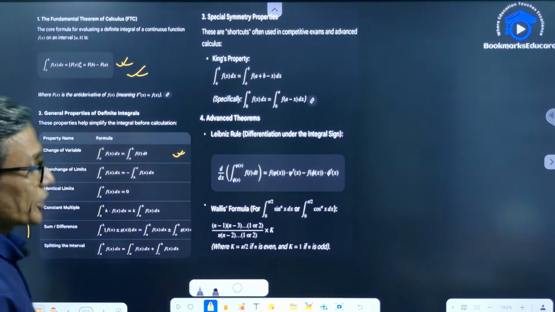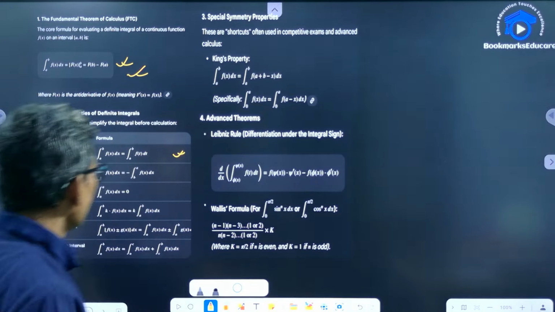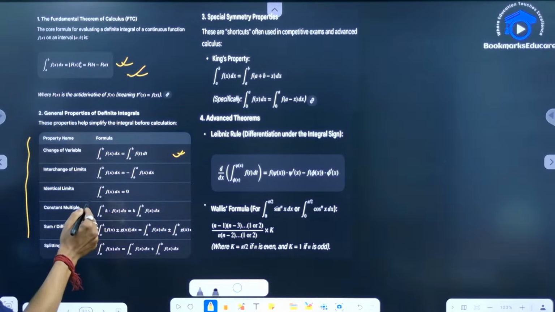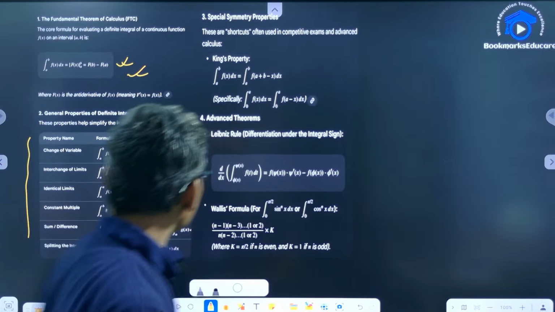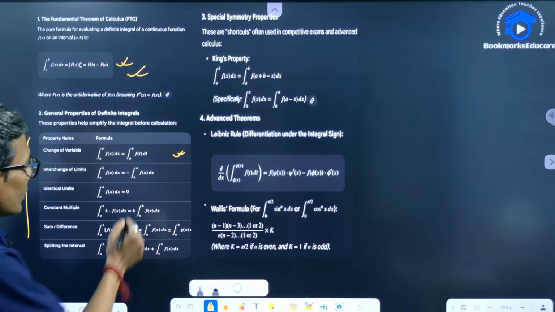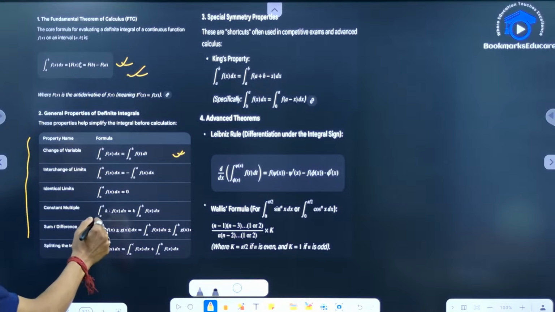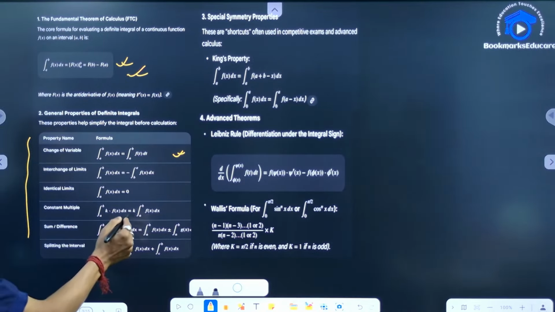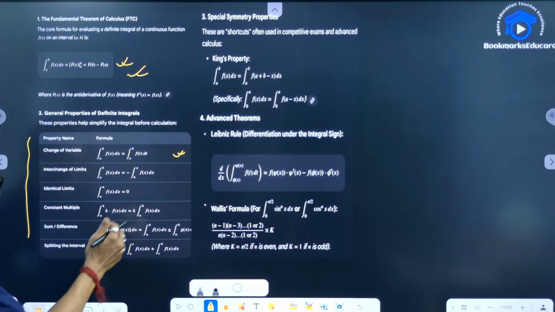Second, if you interchange the limits, then the sign of the integral will change. Identical limits: if the limits are the same, from a to a, then the result will be 0. If the integral from a to b of k into f of x dx, then the constant will come out of the integral.